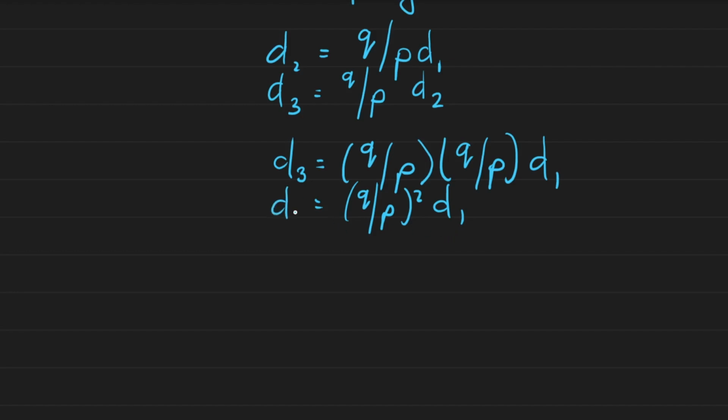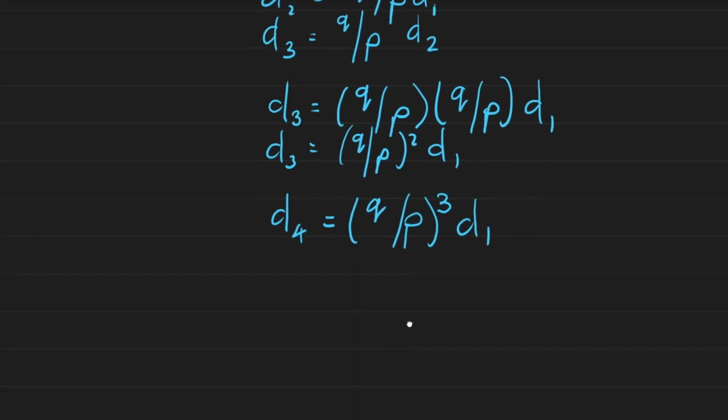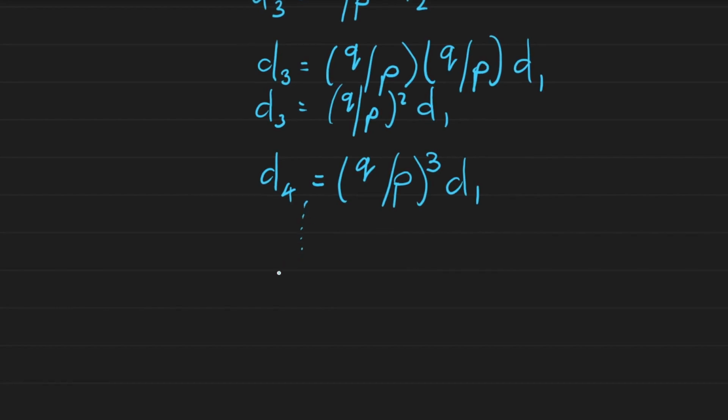So we can generalize this again. We can say, for example, D4 is equal to Q over P cubed times D1. If we proceed to generalize this, then what we have is Di is equal to Q over P to the power i minus 1 times D1.